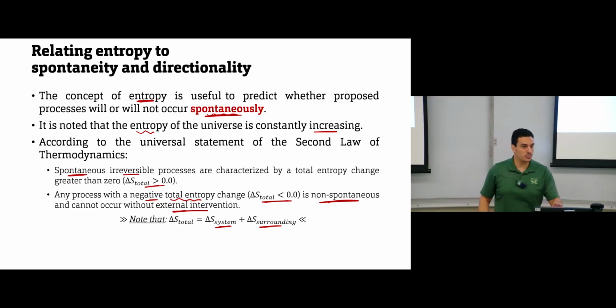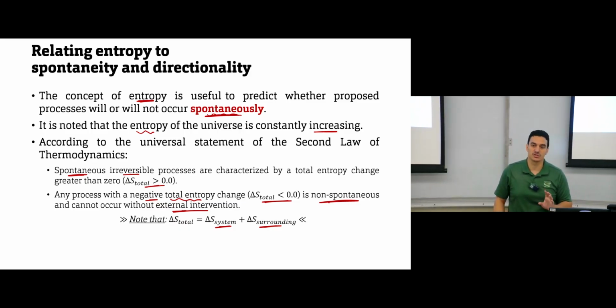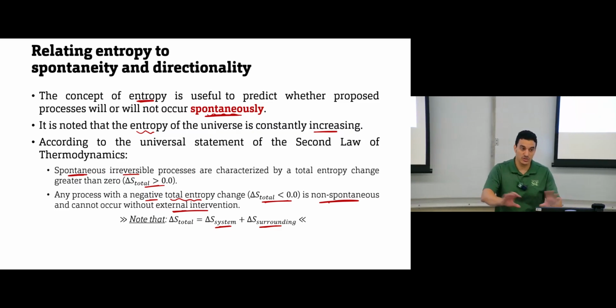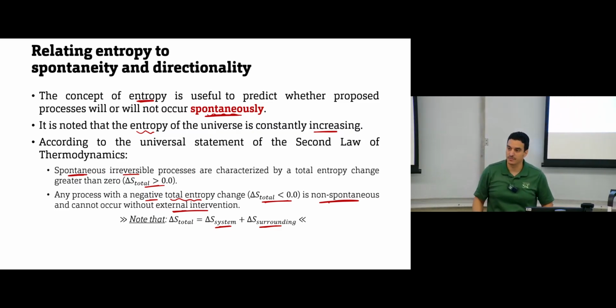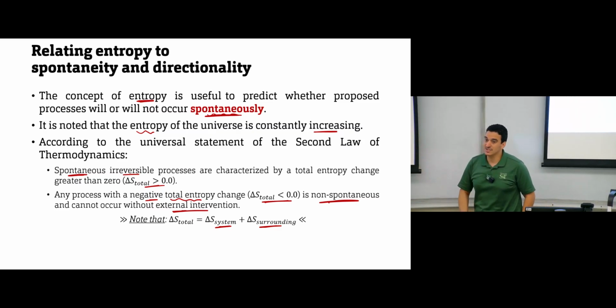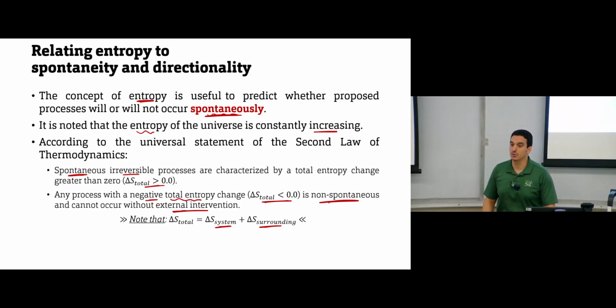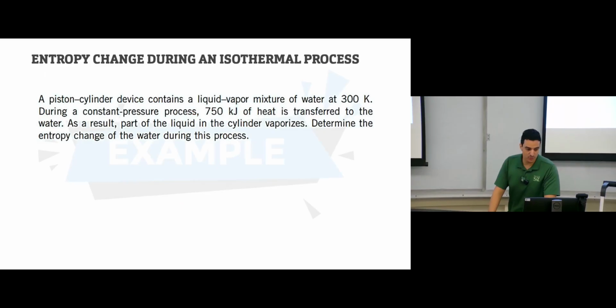If this total entropy change is zero, this means that the process is ideal or reversible. If the entropy change is positive, this means this process is spontaneous and will occur by itself. If you just leave it, it will occur spontaneously. If the total entropy change is negative, this means this process is non-spontaneous. Clear? Okay. Let's see an example of this.